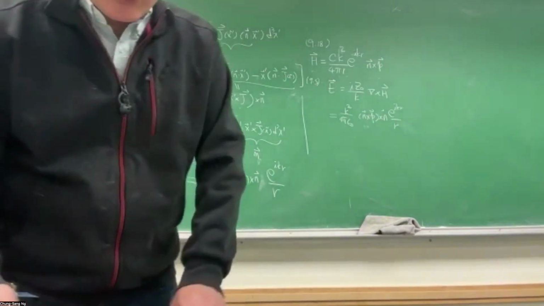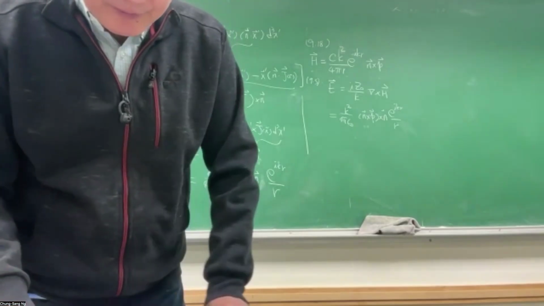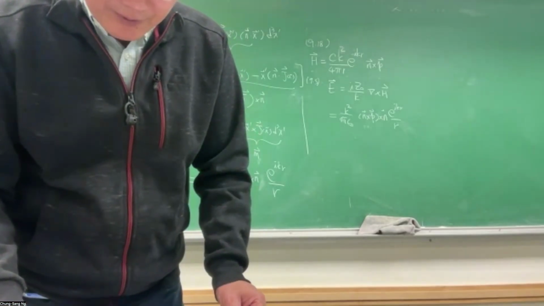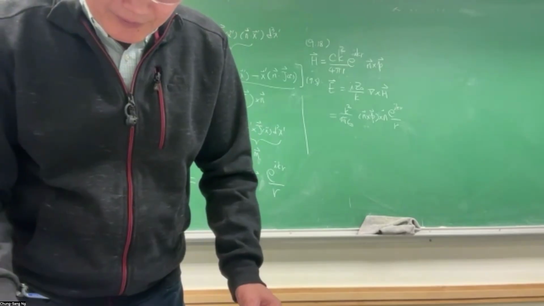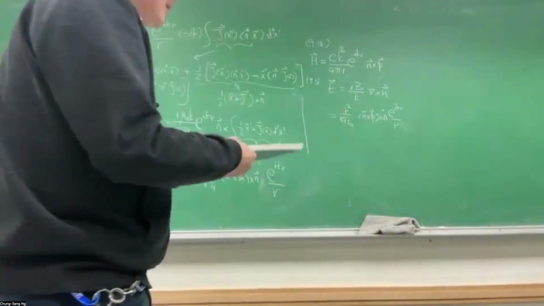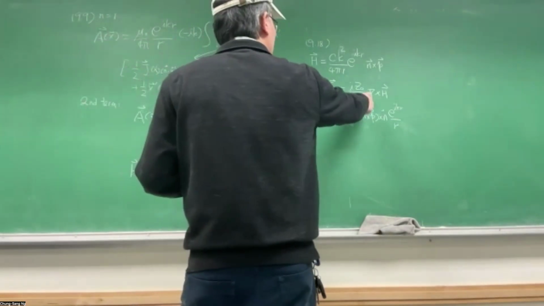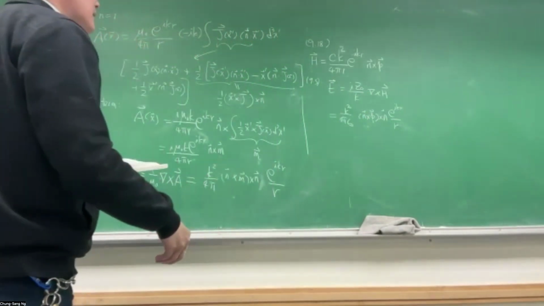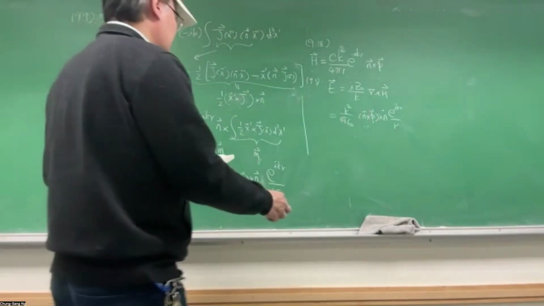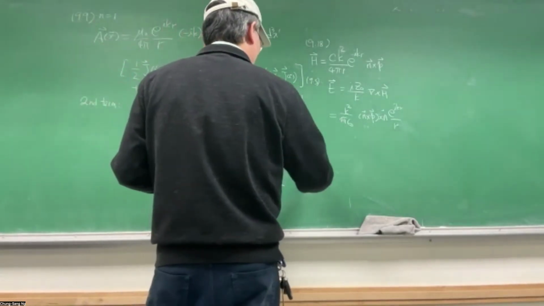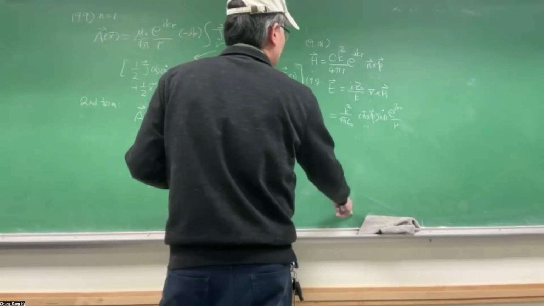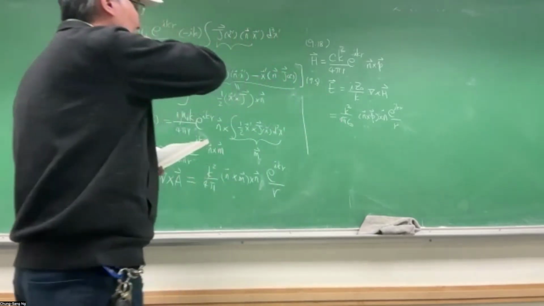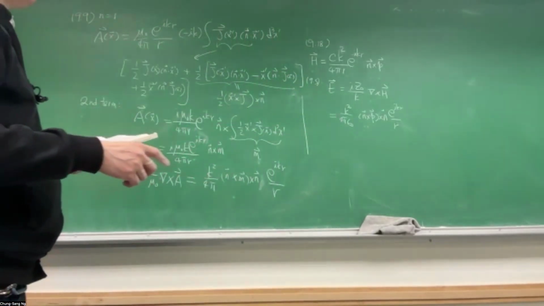But anyway, once you have the H, you can calculate E again. So for E, you can use this H again to calculate E. This is coming from Ampere's law. You get that.